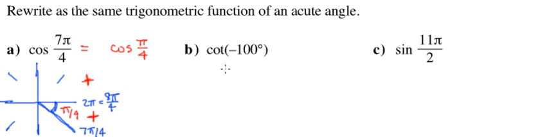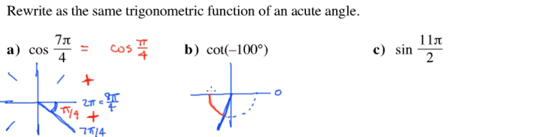With cotangent minus 100, first of all, where is minus 100? Here's 0. There's minus 90. Minus 100 is here. The reference angle for it is the one off the horizontal, this angle.